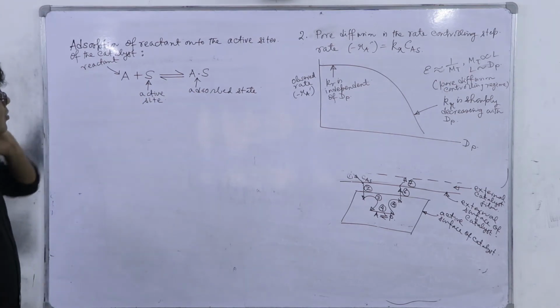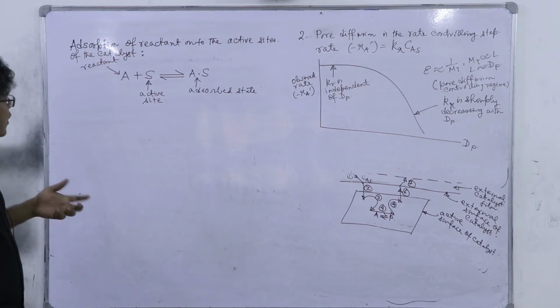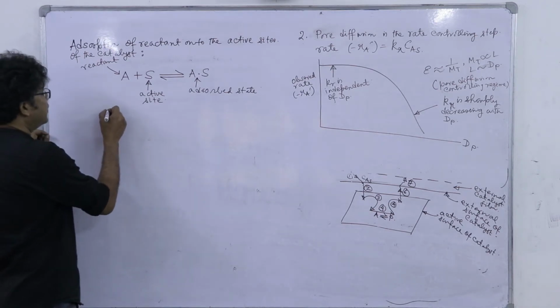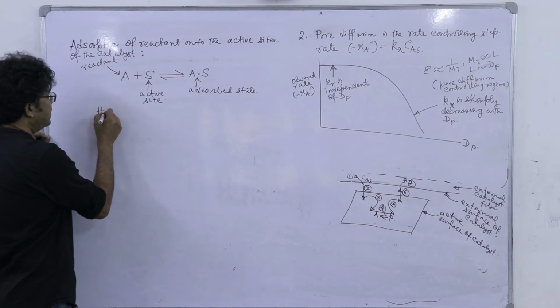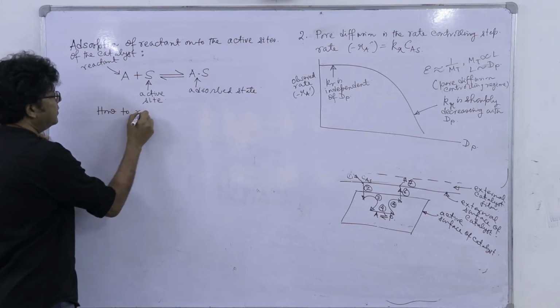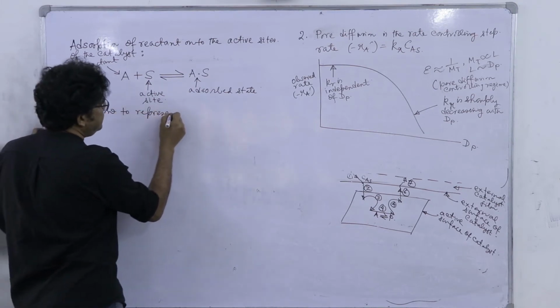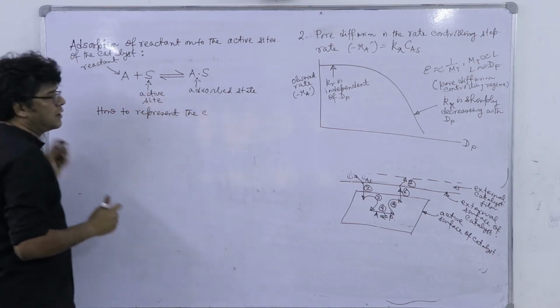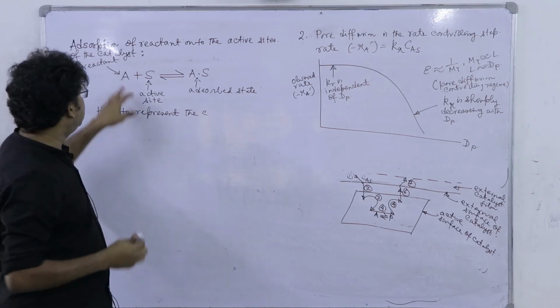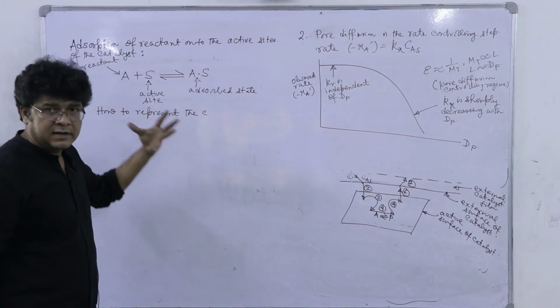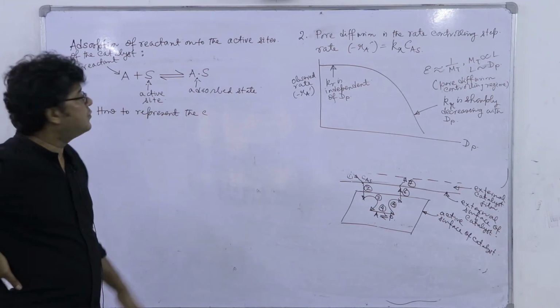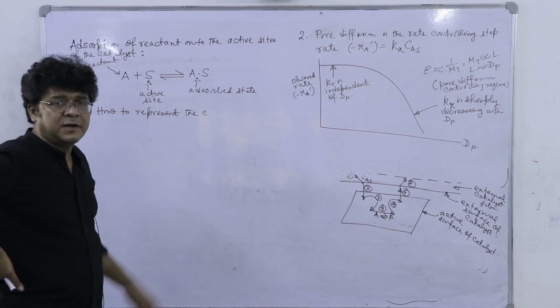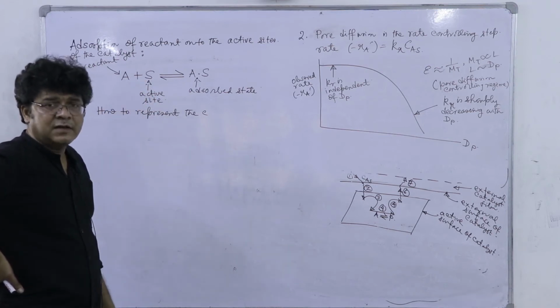Now, you see the total number of active sites, or we can say the concentration of the active site. The first question that arises is how to represent the concentration, because if I am writing this sort of stoichiometry, definitely we will express A in terms of either partial pressure or concentration, then S must be expressed in equivalent units. So, S must be concentration.